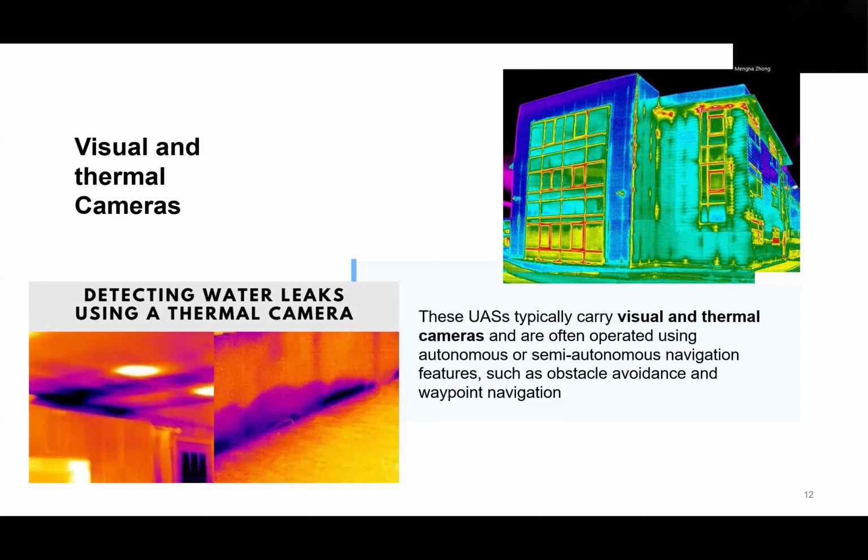The purpose of using thermal cameras is to identify the cause of water damage or energy efficiency problems. So in the bottom left image here, they use a thermal camera and it detects water on the bottom floor and also at the top of the ceiling.